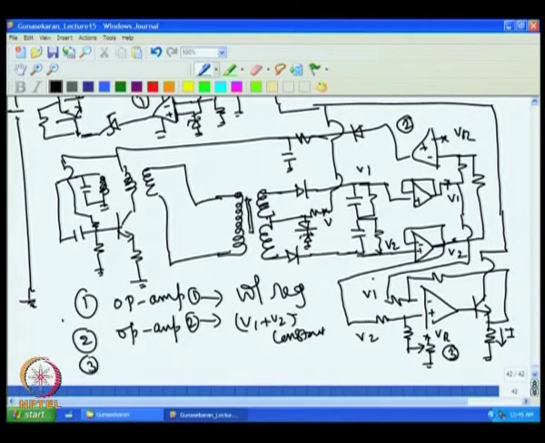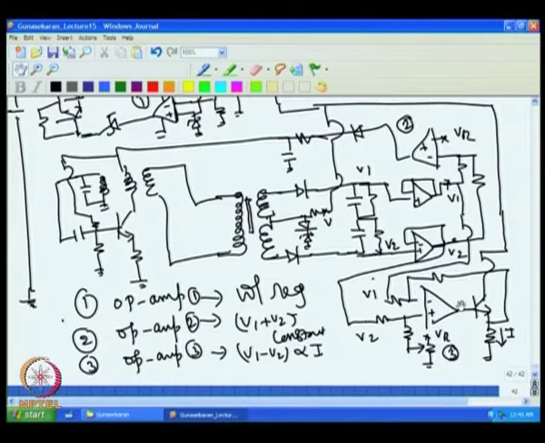Then op amp 3 makes V1 minus V2 proportional to I. So that way the displacement is eventually converted into current variation as the core moves, and this current varies as the core moves here, that is the eventual net result.